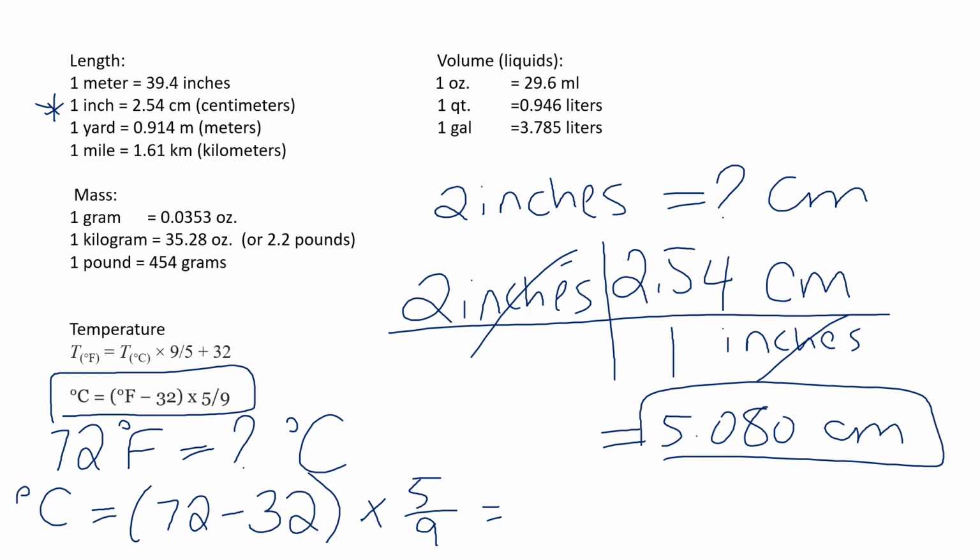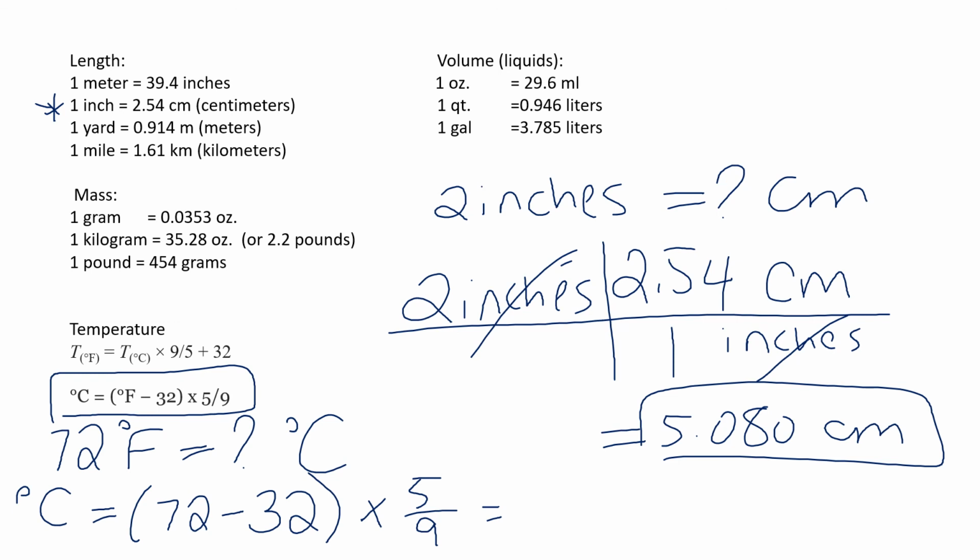So 72 minus 32, that's 40. And then I'm just going to multiply that by 5/9. Again, you could just do 5 divided by 9 first to see what that gives you, because if you don't punch it in correctly on your calculator, it could give you something really weird.